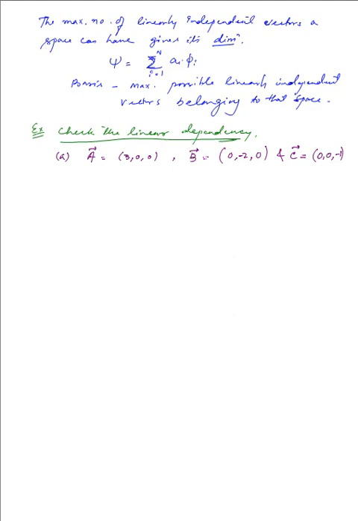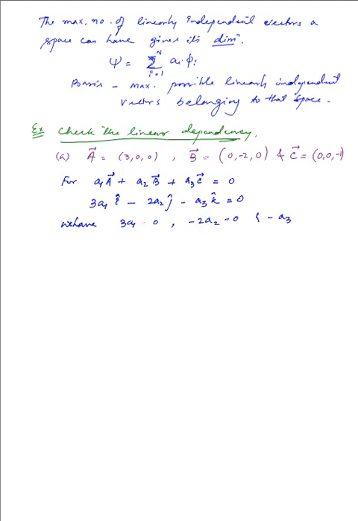Now for a combination of them that we have considered, a1 scalar multiplied to A, a2 another scalar multiplied to B, plus a3 multiplied to C, in case we are taking it to 0, we end up with 3a1 in the x direction for the first coordinate, -2a2 in the y direction, and finally -a3 in the k direction, that is the z direction, equal to 0. So 3a1 is equal to 0, -2a2 is 0, and -a3 is 0.